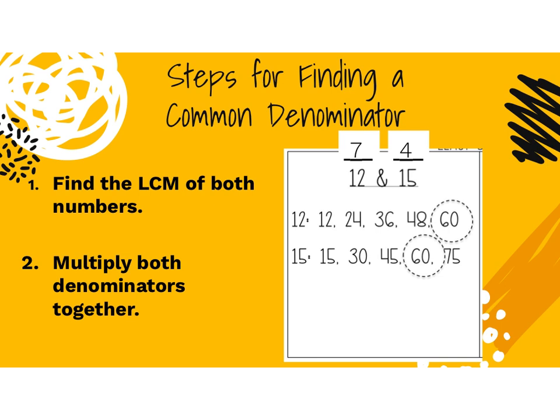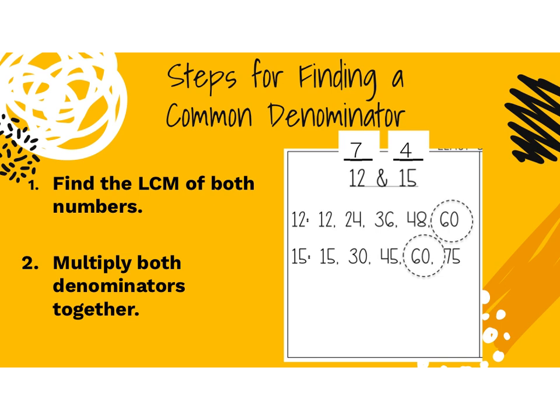So we started listing the multiples of 12 and 15. 12 times 1 is 12, times 2 is 24, times 3 is 36, times 4 is 48, times 5 is 60.